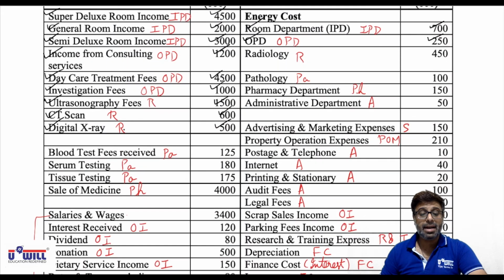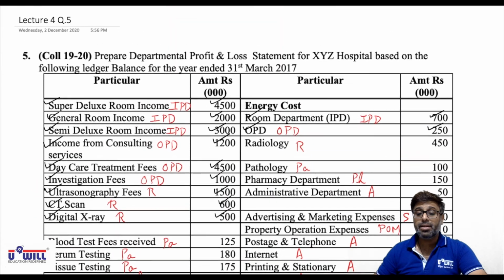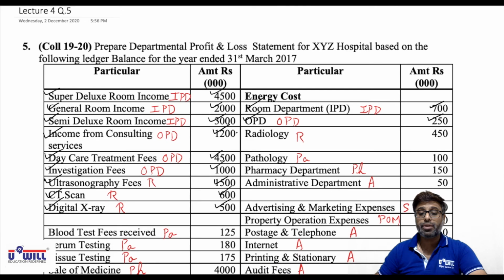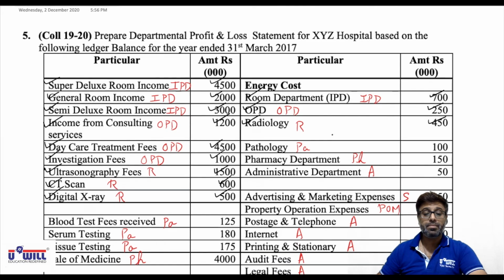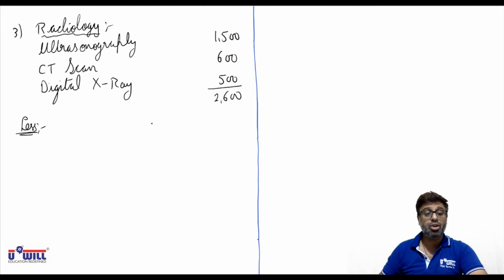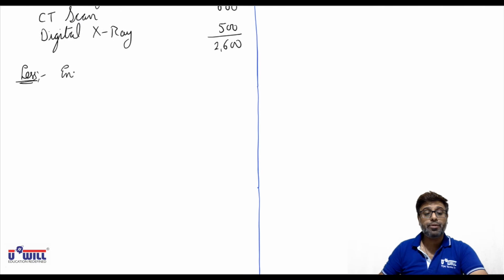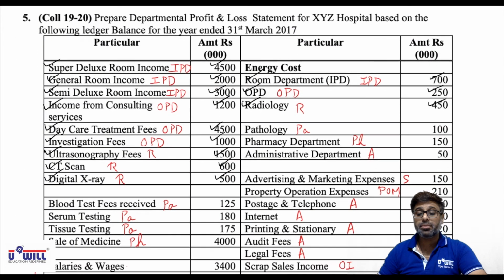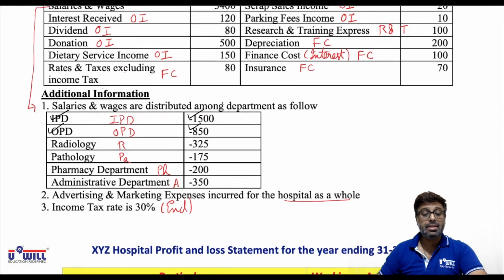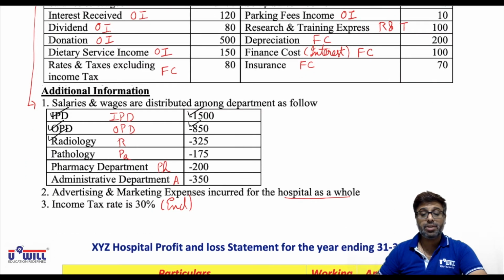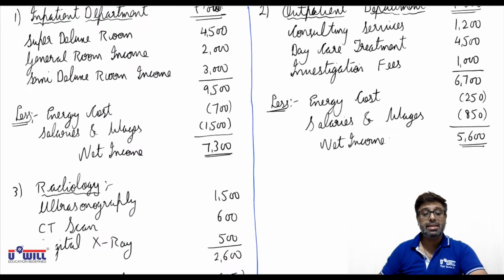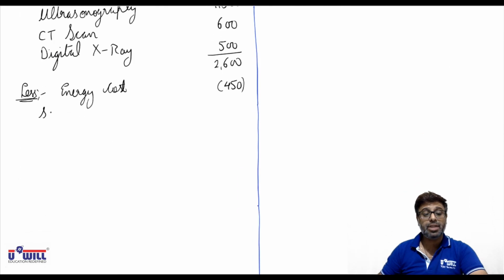So R marked items of expenses, we have energy cost of 450. We will minus energy cost of 450. Then after energy cost, radiology, next item is the salaries and wages of 325.